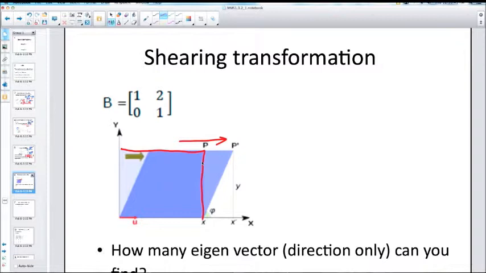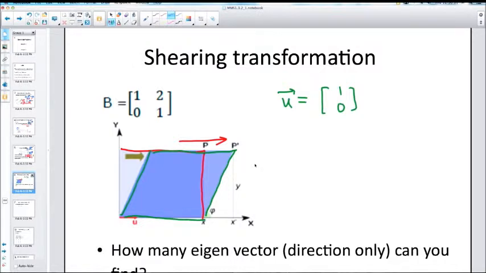The new shape will be a squashed parallelogram. That's called the shearing transformation. In this transformation, you can clearly see this red vector u, which is horizontal, (1, 0), does not change.